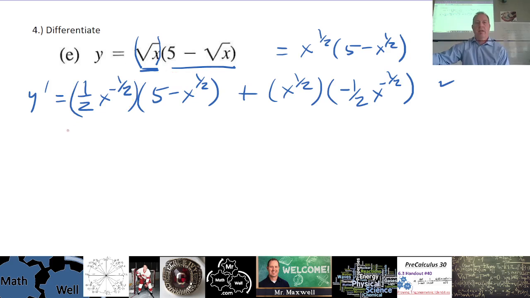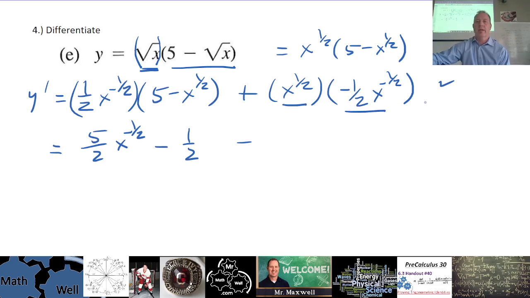So this is going to be 5 over 2 x to the negative 1/2. And this is going to be minus 1/2 x to the 0. What's x to the 0? It's just like a 1, right? And this is just one term.